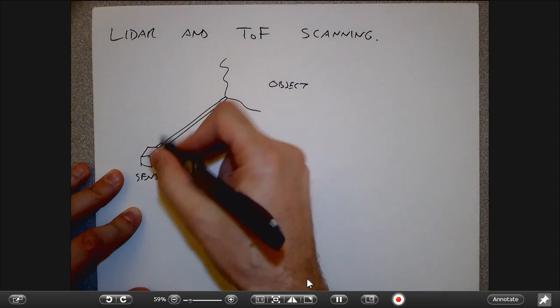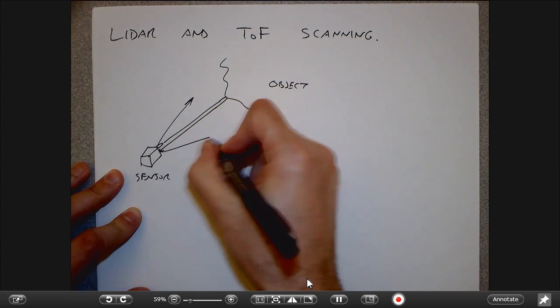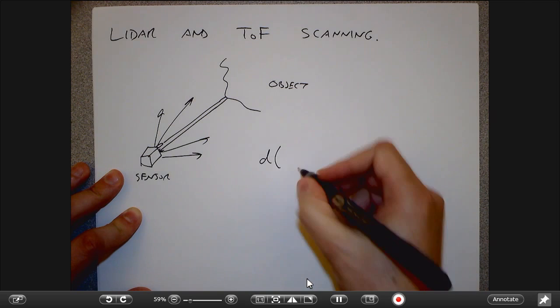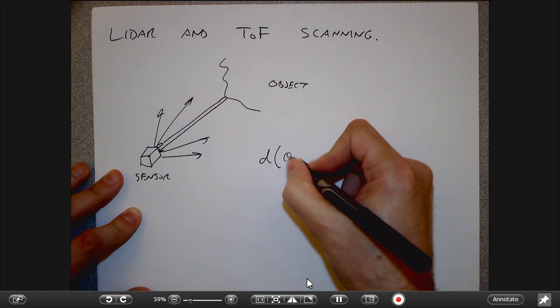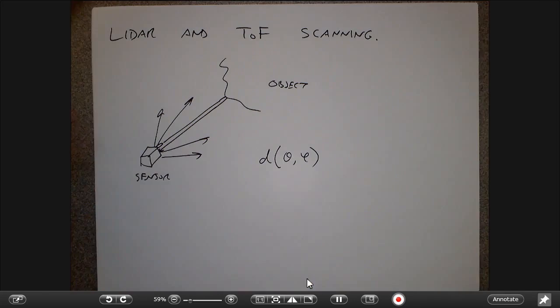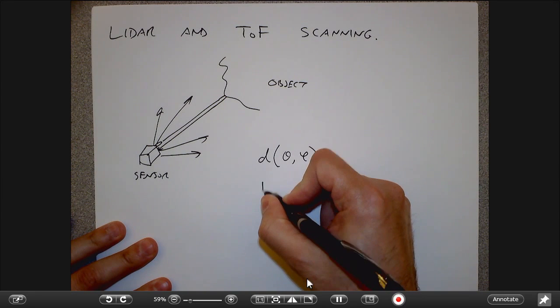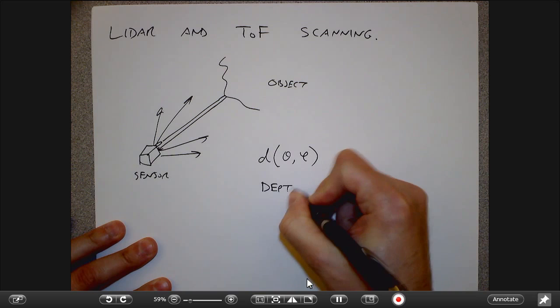Depending on the angle of this pulse, you get this distance map as a function of theta and phi, where these are the 2 angles that the sensor can beam out its laser rays. This can be interpreted as what you'd call a depth image or a range image.